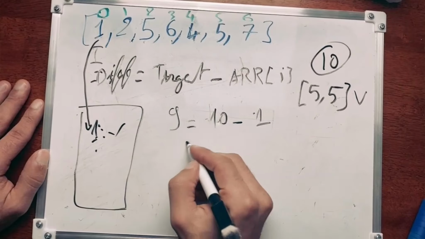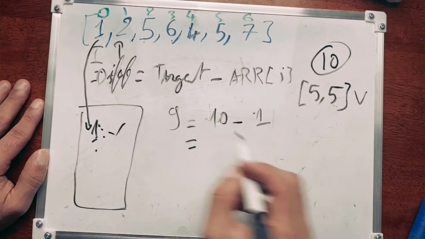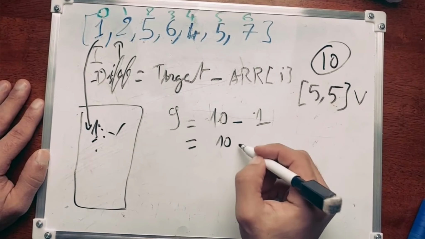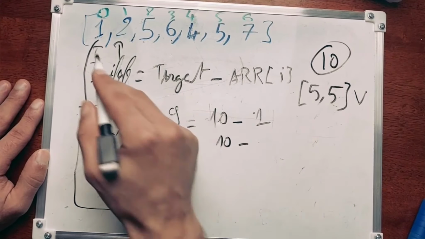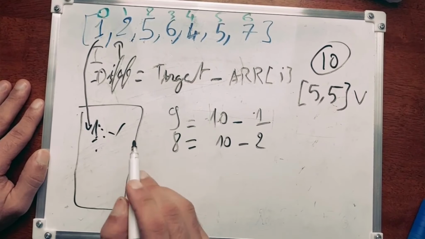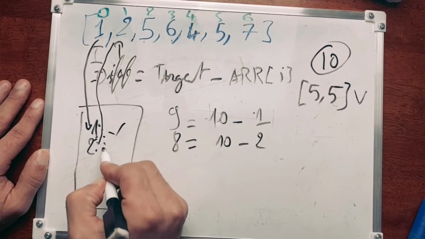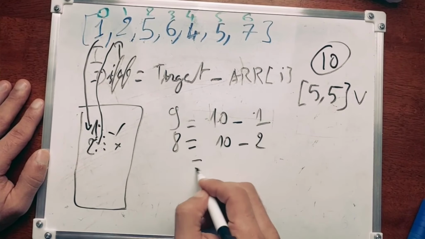Then we do that again. We bring the I here, it equals 2. So 10, the target, minus the value 2 equals 8. Do we have an 8 here? No, we don't. So we take the 2, and we put it right here, right? Then we do that again.